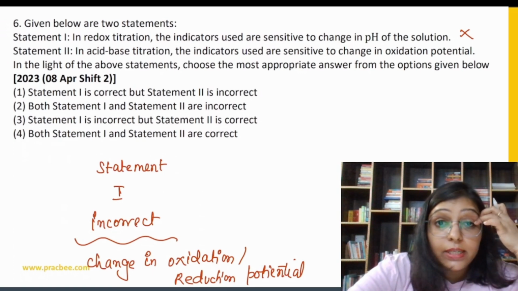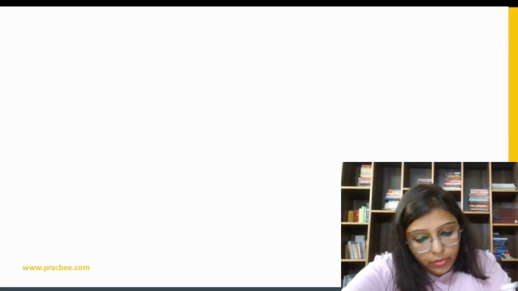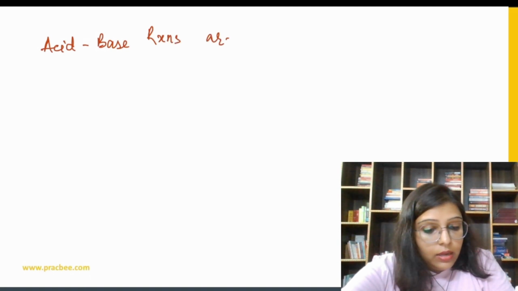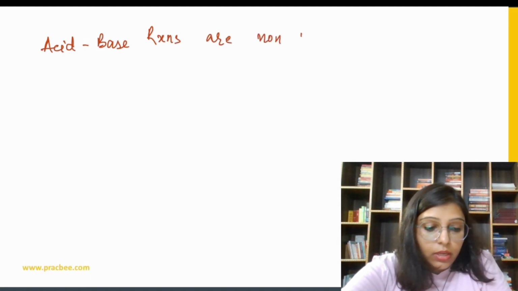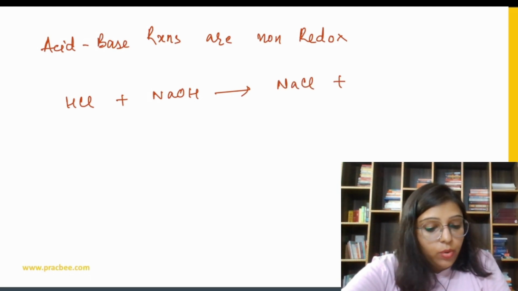Now second, in acid-base titration, indicators used are sensitive to change in oxidation potential. No. Acid-base reactions are non-redox reactions, right? These are non-redox, like HCl plus NaOH. It produces NaCl and water.